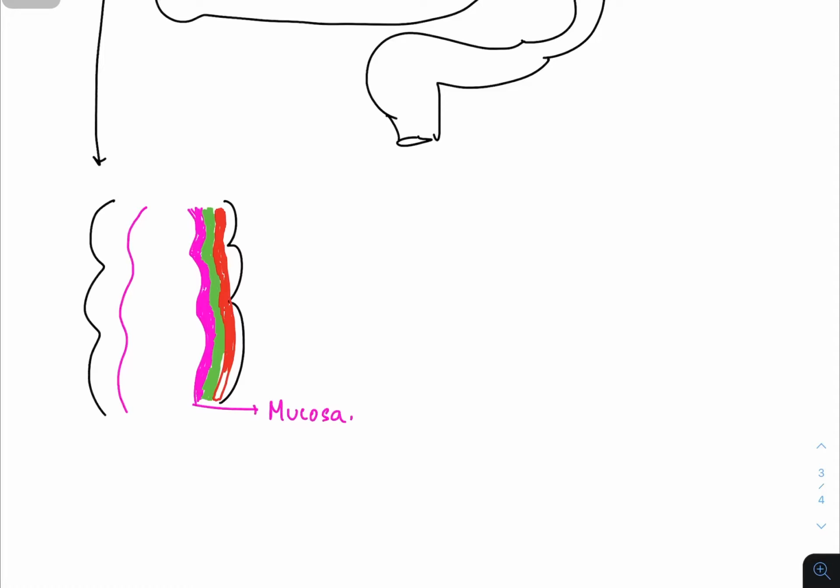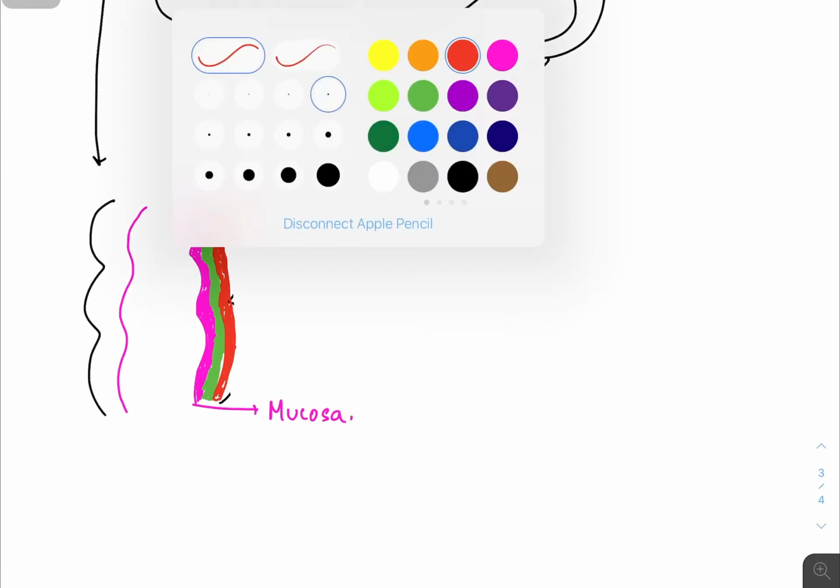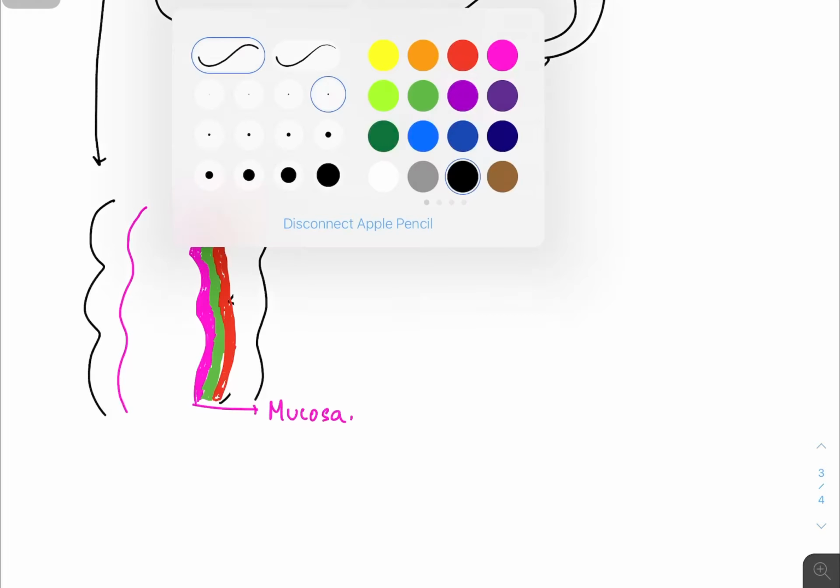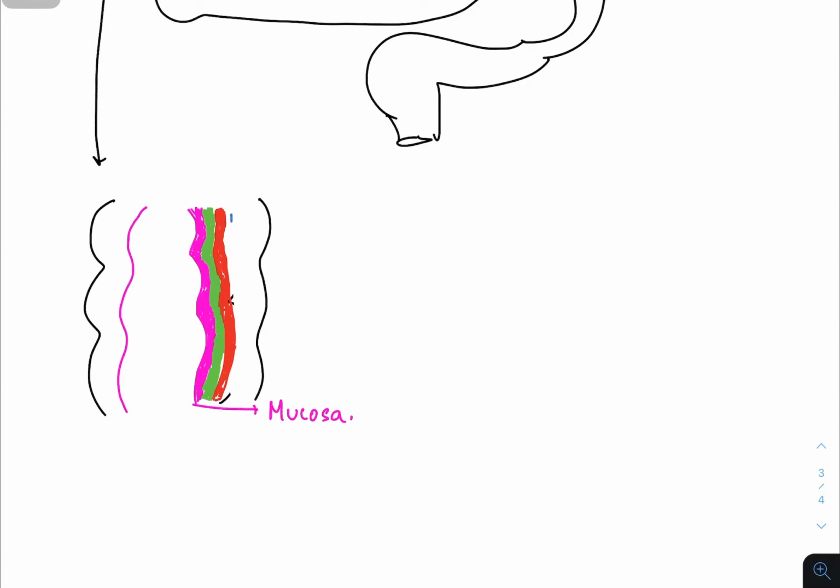So when you activate the muscle, what will happen? It will perform an action called peristalsis for your intestine so that the food can propel down. Now look here, this is your gut, right? And what is the outermost layer? The outermost layer is serosa or adventitia, right? So what was the second layer here?